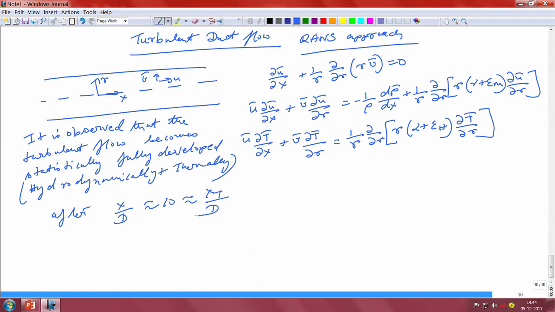One is the thermal boundary layer thickness, one is the velocity boundary layer thickness.